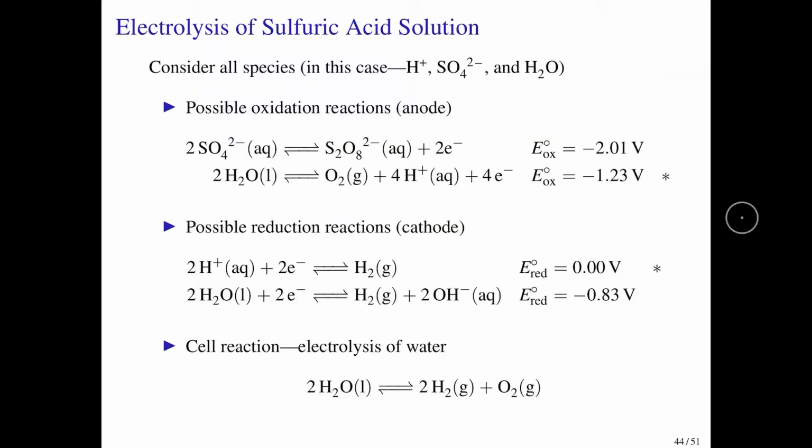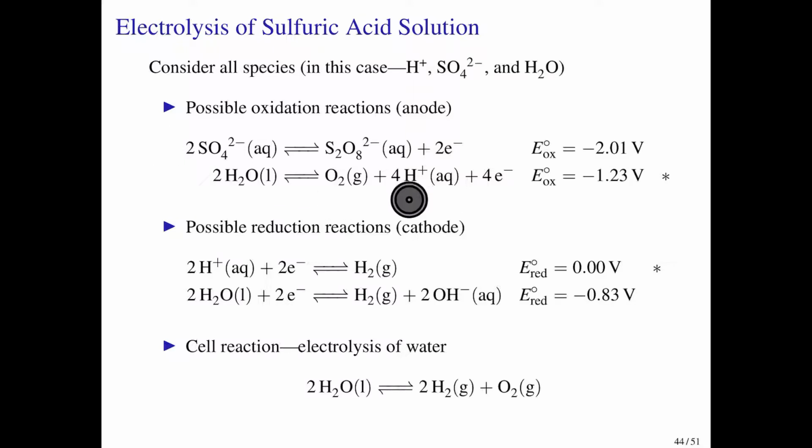So notice when I'm discussing the half reactions at the anode, I specifically put a subscript OX to indicate that these are the oxidation potentials, and these are minus the value that you would look up in the table of reduction values. So you're not going to find these two reactions listed in the cell potential tables because these are oxidations.